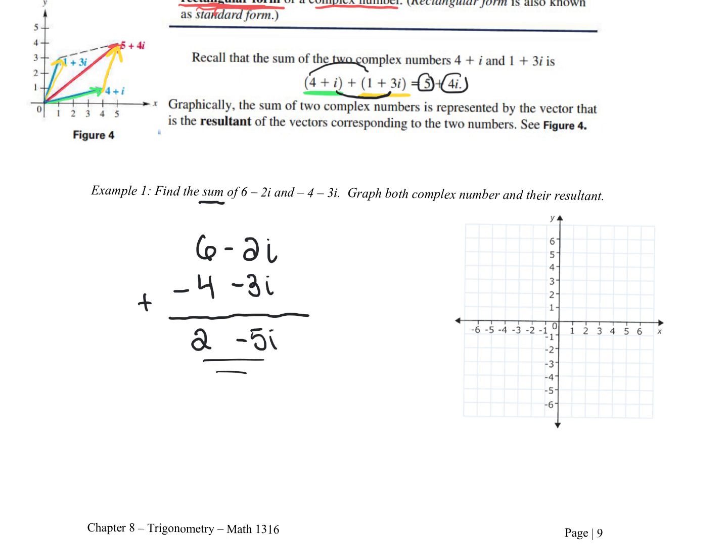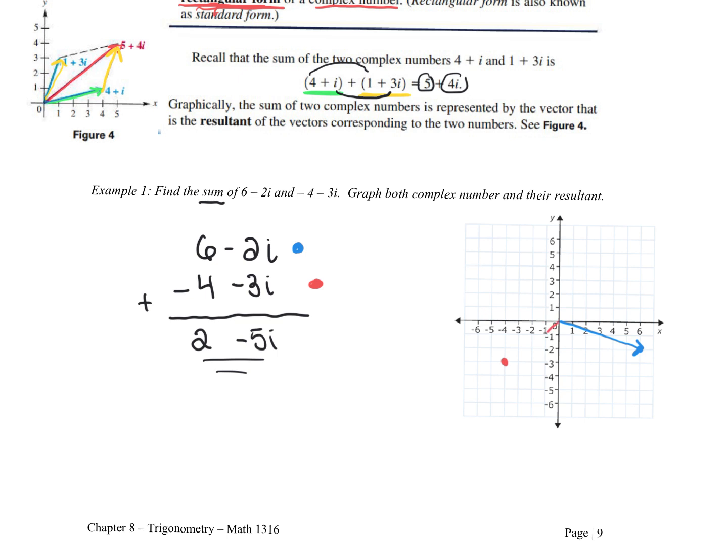I'm going to graph in blue my 6 minus 2i, so that means I go over 6 and down 2 from the origin. So here is that vector. And then in red, I'll do my negative 4 minus 3i, so go over 4 and down 3.